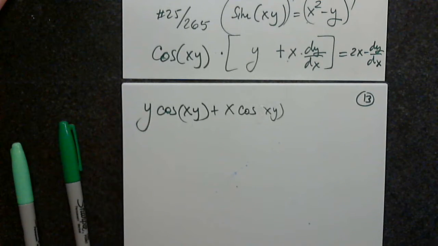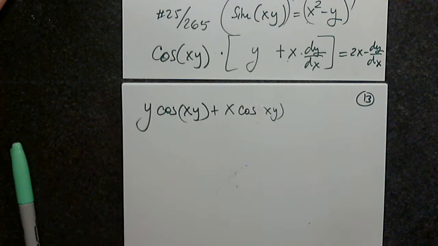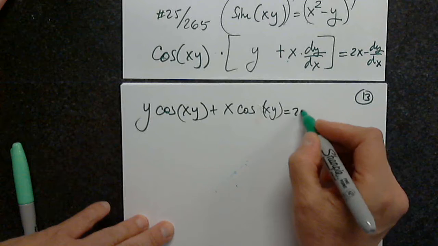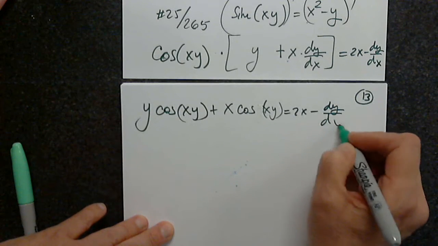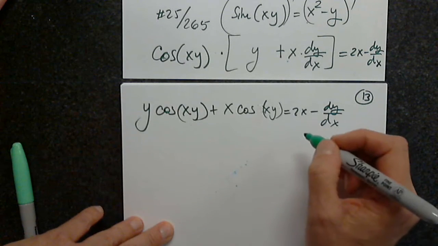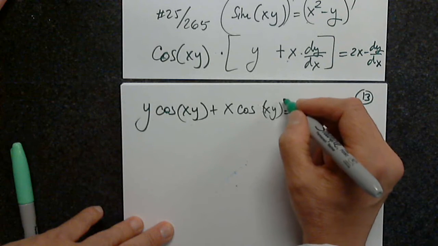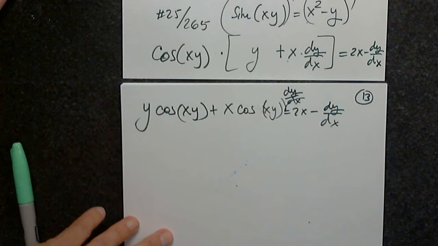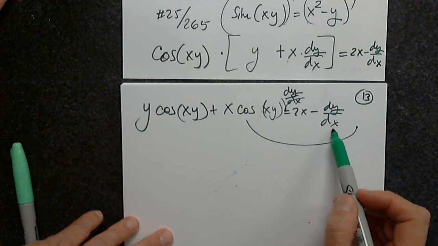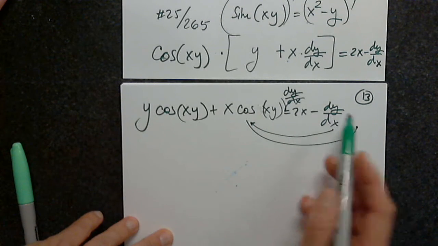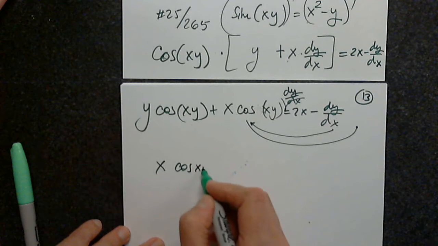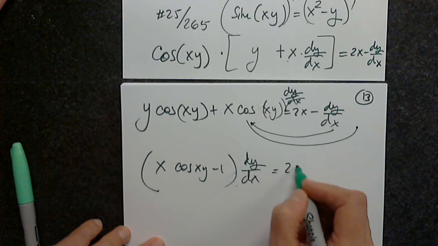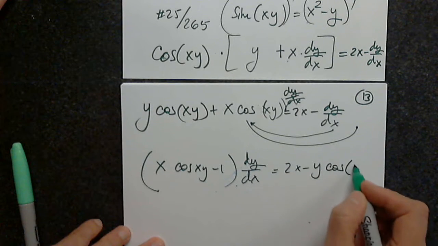And then move terms around. And this is 2x minus dy over dx. Now, I swallowed something here. Dy over dx. So this term has to move, or you move this term here and this term there. So x cosine xy plus 1 dy over dx equals 2x minus y cosine xy.